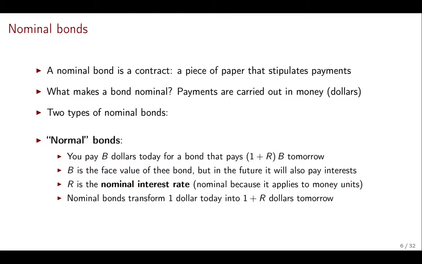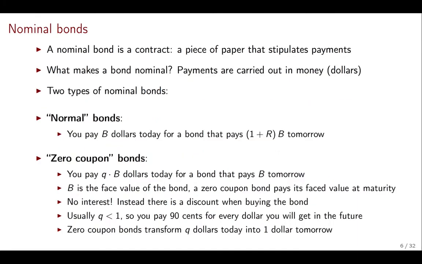There is another type of bond that's often used and that we're going to be seeing in the sixth module. That's the zero coupon bond. The payments are slightly different. Here you're going to pay Q times B dollars today for a bond that pays B dollars in the future.